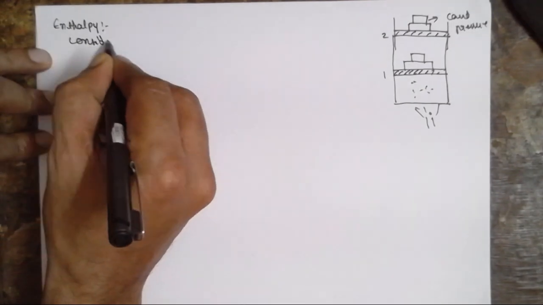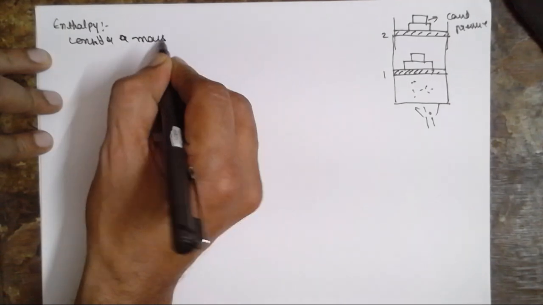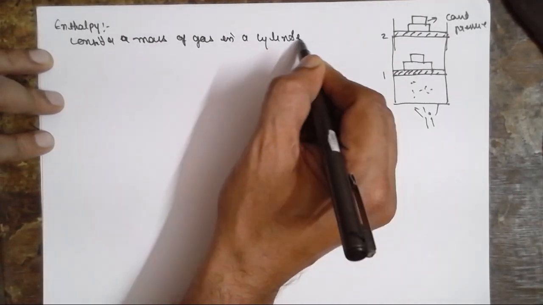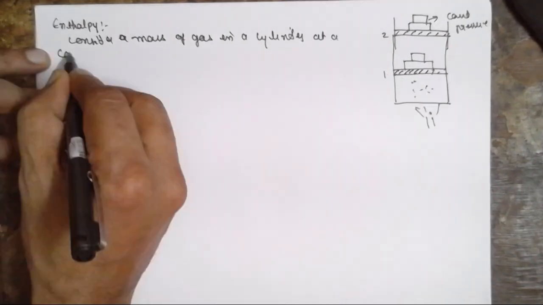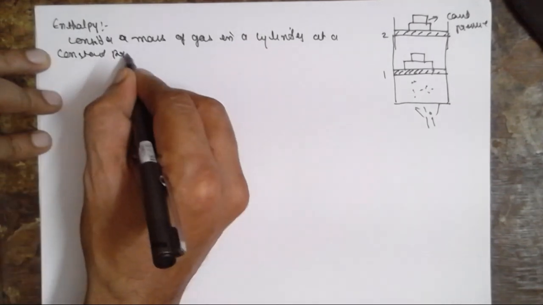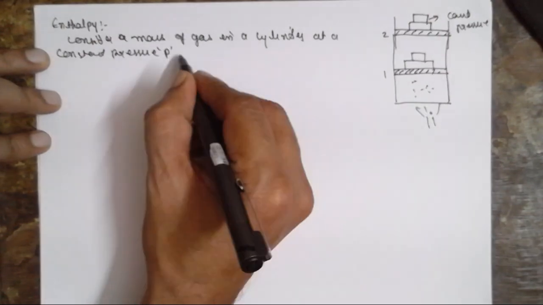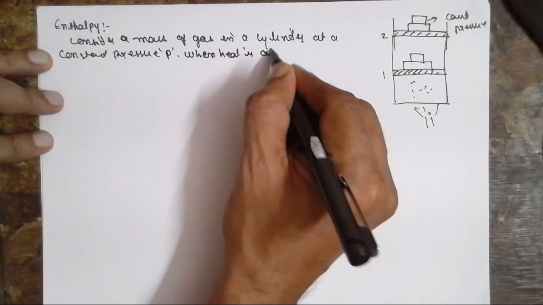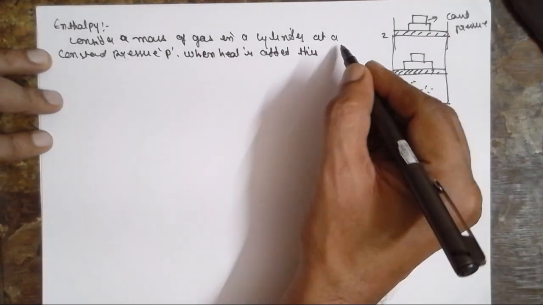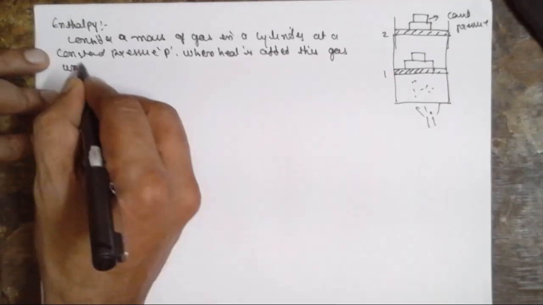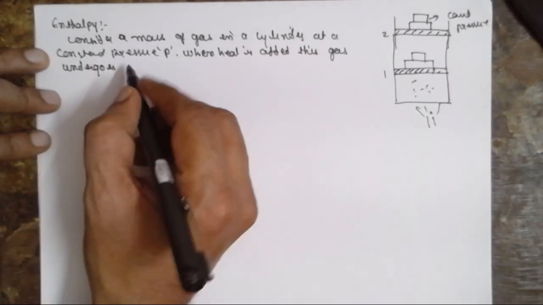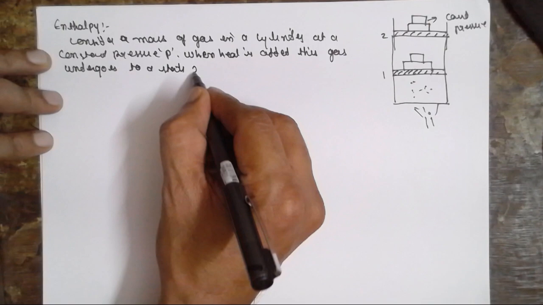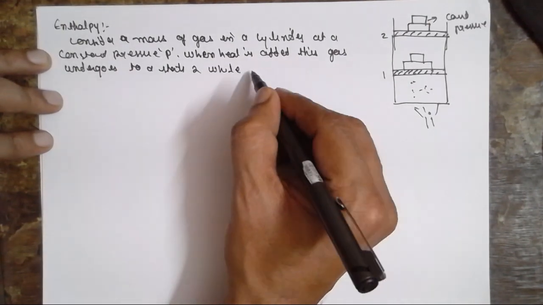Consider a mass of a gas in a cylinder at a constant pressure P, while heat is added, this gas undergoes a process to a state 2.